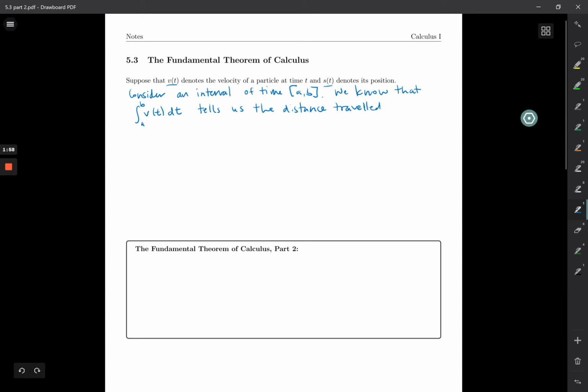Or really it will tell us the displacement, because we're using signed area instead of total area. But in any case, that's just a technicality.